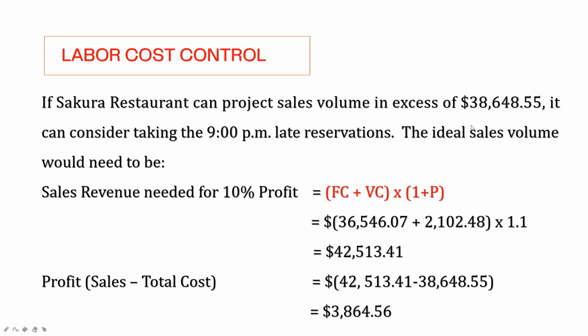So all I need to do now is take away the $36,546.07 from the 38,000, the total cost, because total cost minus fixed cost will give you variable cost. And so that is how I got this $2,102.48, times that by 1.1 to give you the sales. So this $42,513.41 is the total.